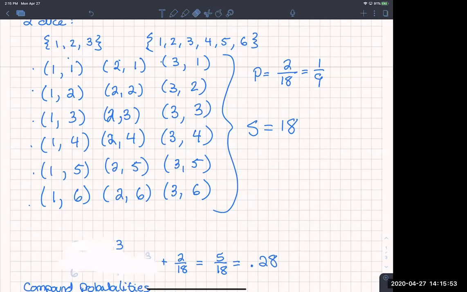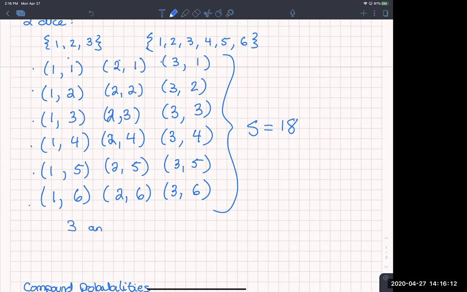What's the probability of rolling a 3 and an 8? Calculate the probability. 3 and 8.